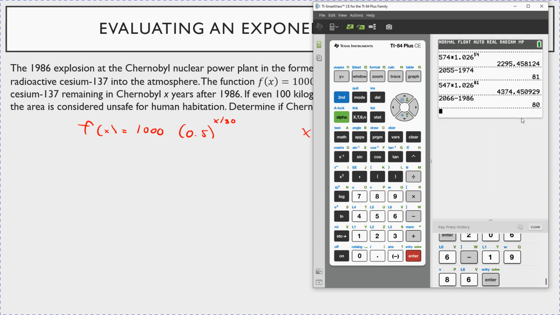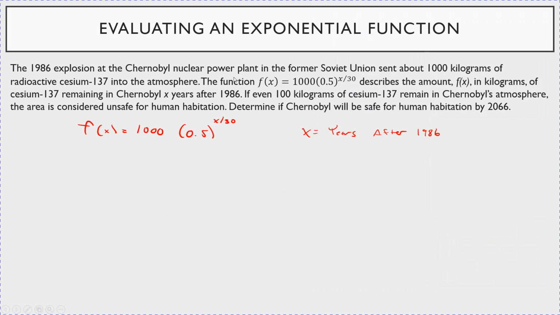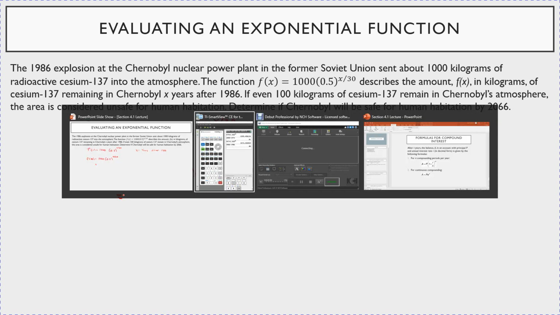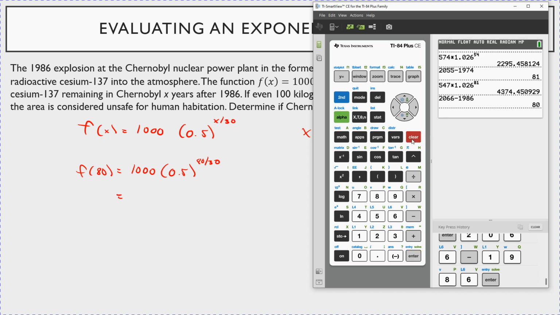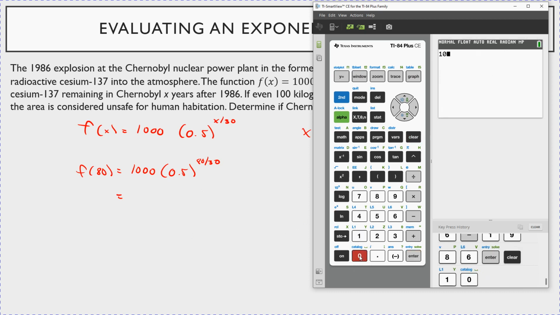All right, so I want to find out how much is going to be left after 80 years. So we're going to take 80 and plug it in. So let's see, 1,000 times 0.5 raised to the power of 80 divided by 30.